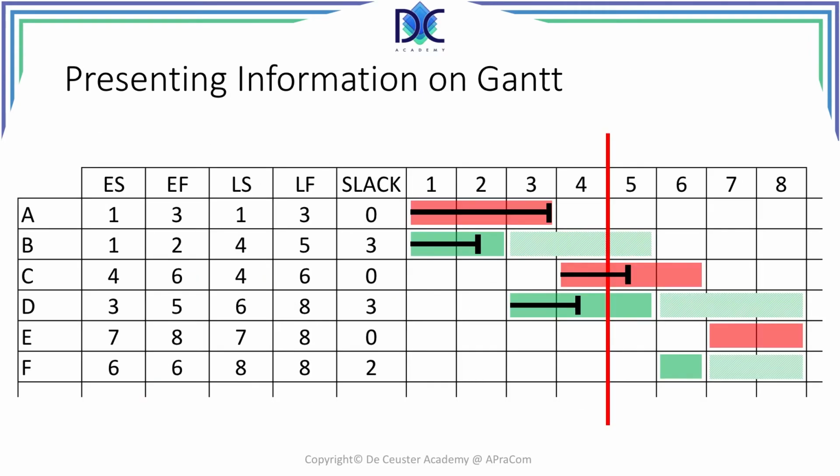When we put the information on the Gantt chart, you see the red line, which is the day of reporting. We see the red activities, which are on the critical path, and the black arrow shows the status of that activity at the end of week 4.